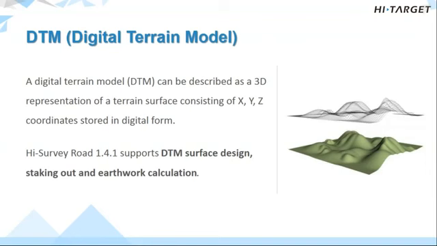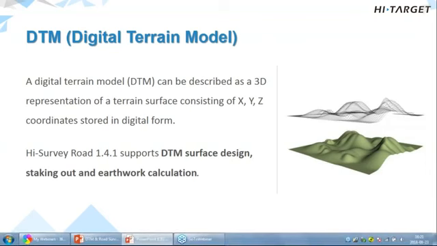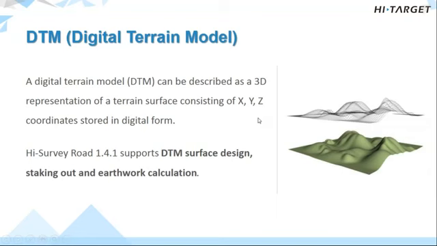You can import the TXT or CSV or other formats. When the point is ready, then you can use the software to get a DTM for the staking out and earthwork calculation. This is why we use the DTM in the Hi-Survey Road 1.4.1.